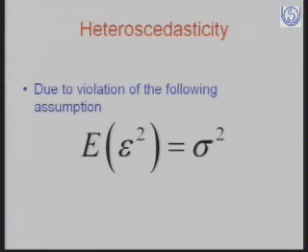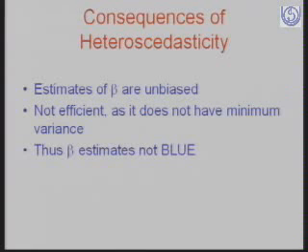Okay, so when the OLS assumption that the expectation of epsilon square is equal to sigma square is violated, when the expectation of epsilon square is not equal to sigma square, when the variance of the error term is not constant and changes according to observations, then we have the problem of heteroscedasticity.